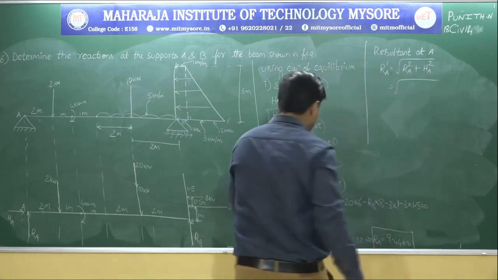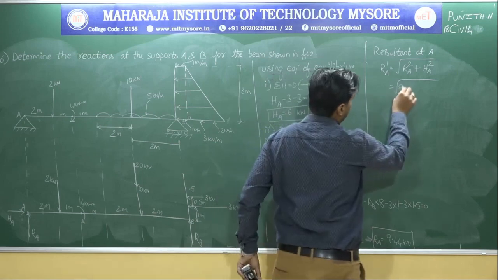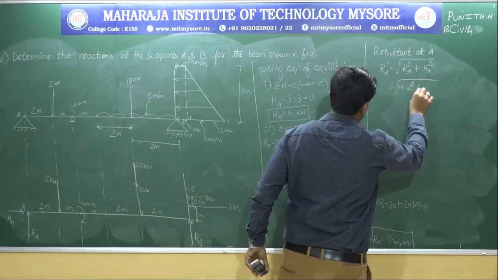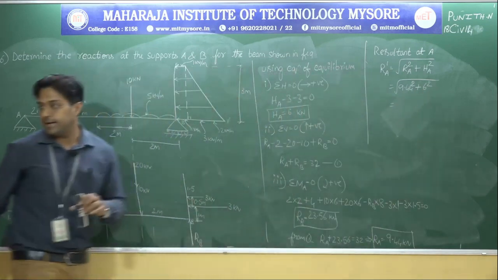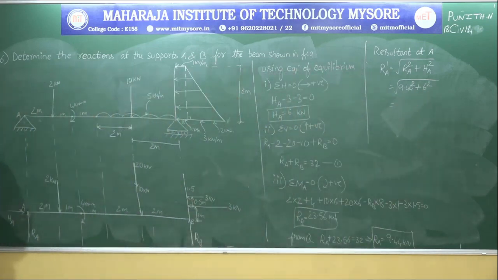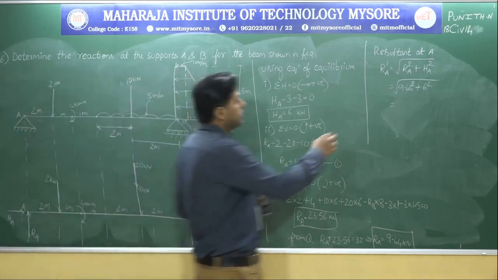What is the value of RA? Just now I have calculated, it's 9.44 square. What is the value of HA? It's 6 square. So RA dash is 11.18 kilonewton.